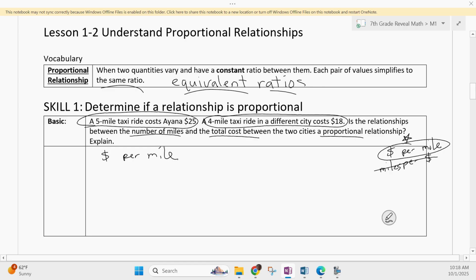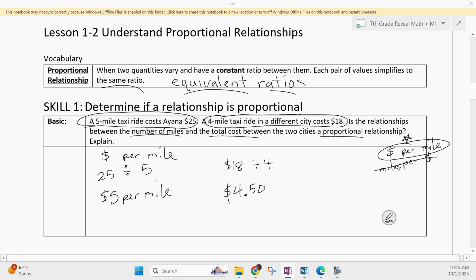So 25 divided by 5 gives us $5 per mile. All right. And then if we do the other one, $18 divided by 4 miles, that gives us $4.50 per mile. So is the relationship between the cost and the miles the same? Is it proportional? Is this relationship proportional?